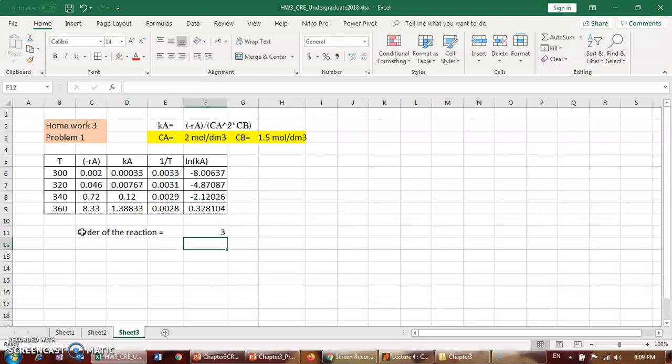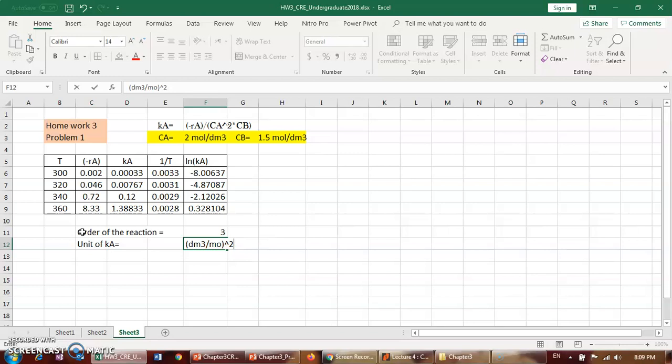So it is a third order reaction. So the unit of K, I hope you can remember, is dm cubed squared divided by mole squared into 1 by S, or divided by S.